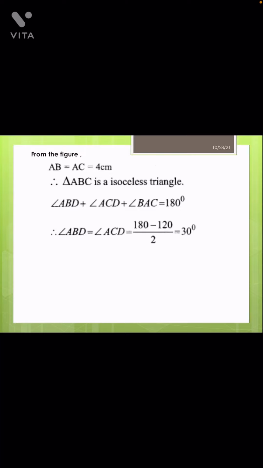And triangle ABC is an isosceles triangle. That means the three angles will add to 180 degrees. So angle ABD is equal to angle ACD is equal to (180 minus 120) divided by 2, that will be 30 degrees. Now consider triangle ABD.